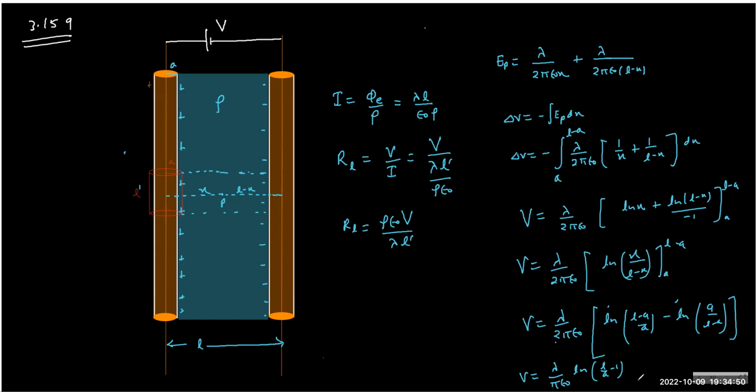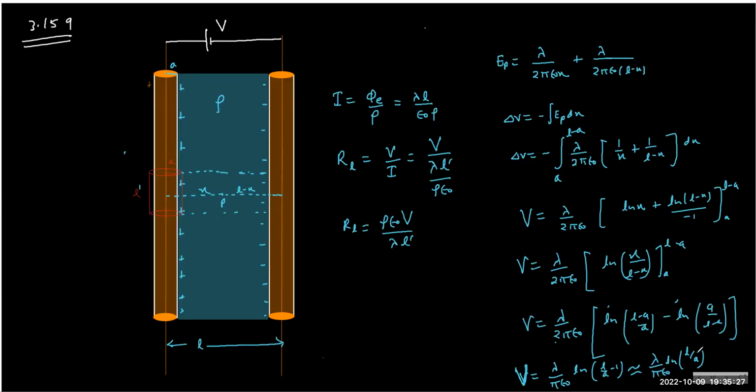Now L is much bigger than A, so L by A will be much bigger than 1. And if you separate the one, you can approximate by ln L by A. That's the approximate answer. This is called the potential difference formula. No, that's too difficult for you guys. You can leave this.